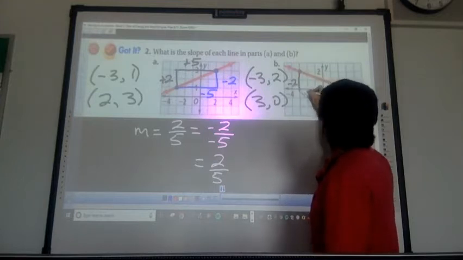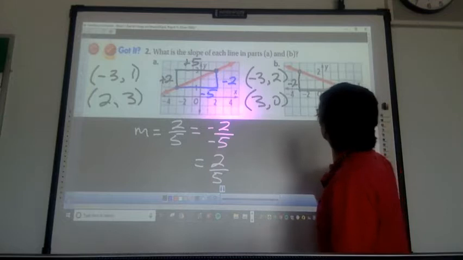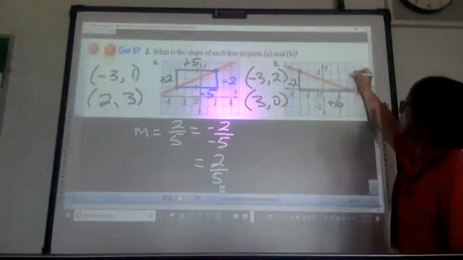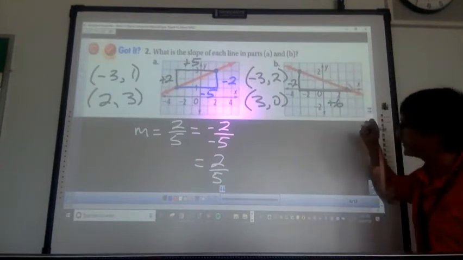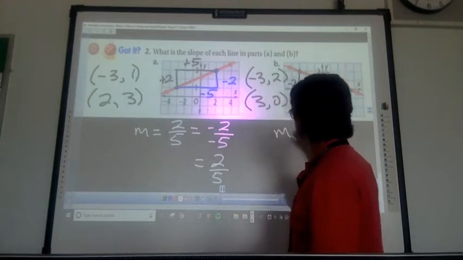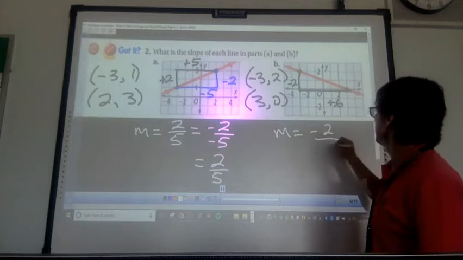So minus 2 here, and to the right, 1, 2, 3, 4, 5, 6. So down 2, right 6, we could go up 2, left 6, same difference. So your slope, y first, y to the sky.